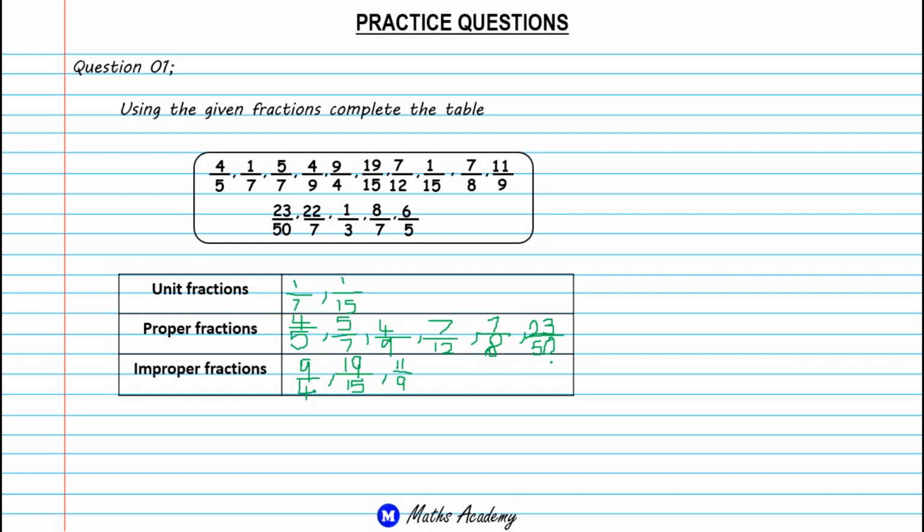And 22 over 7 is an improper fraction. And 1 over 3 is a unit fraction because the numerator is 1. And 8 over 7 is an improper fraction because 8 is greater than 7. 6 over 5 is also an improper fraction because 6 is greater than the denominator, that is 5. So let's write them.